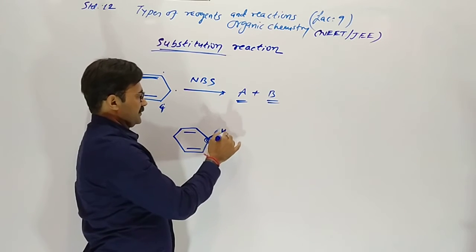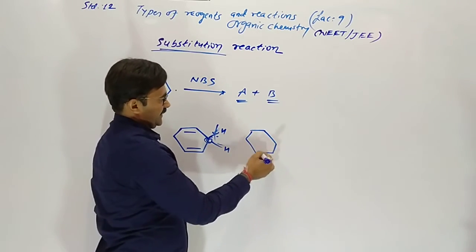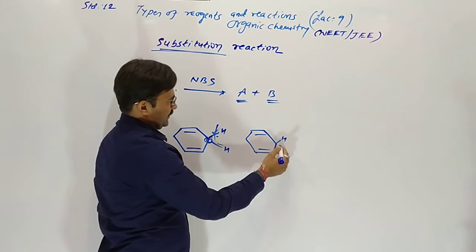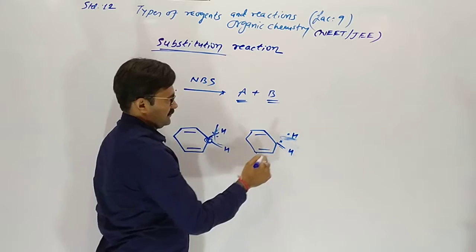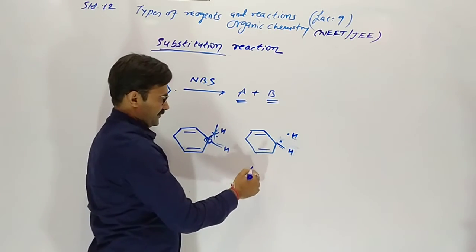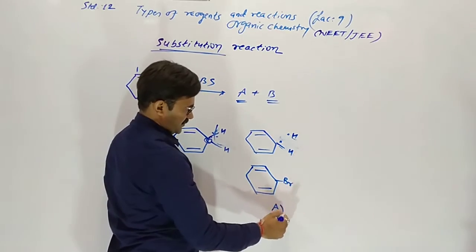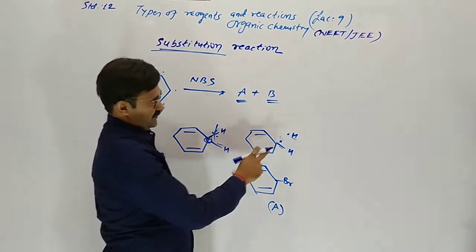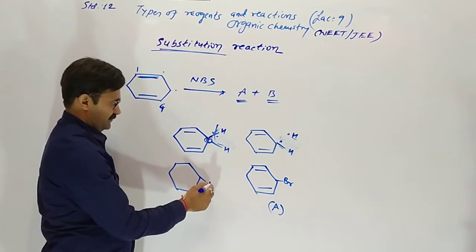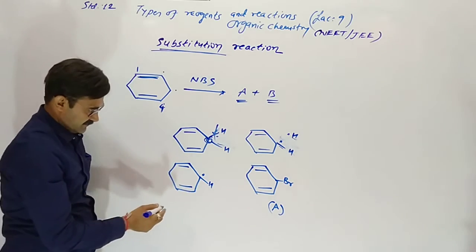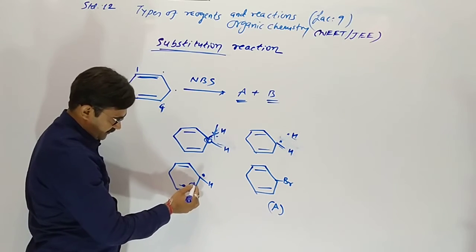So what happens? You can see the bond breaks. After breaking the bond, a free radical occurs here. So one bromine combines here. So A. But after the free radical occurs, here there is a pi bond, so one electron combines with one here.